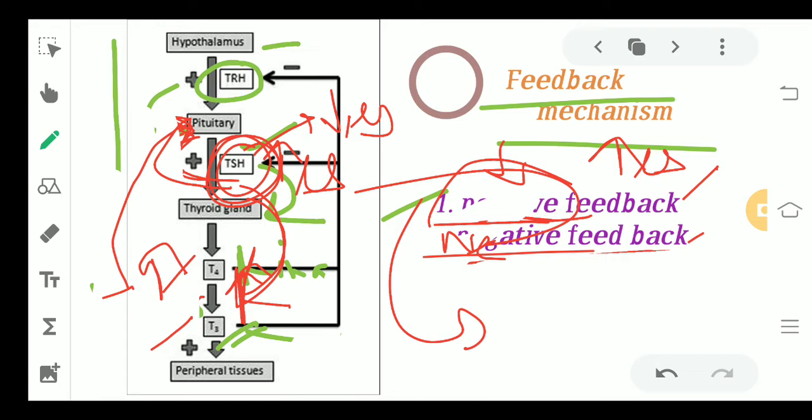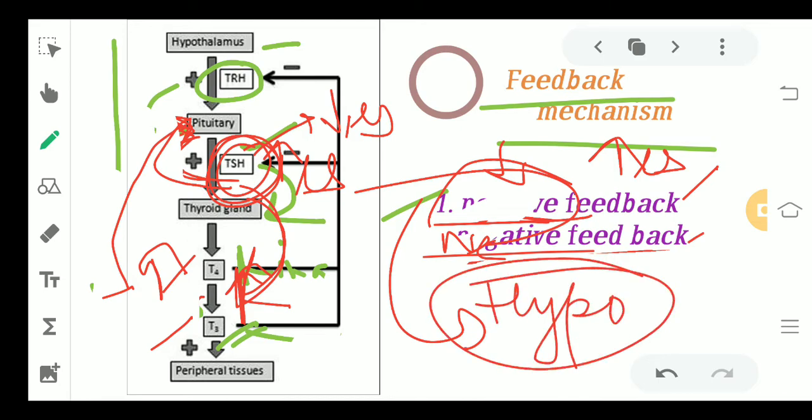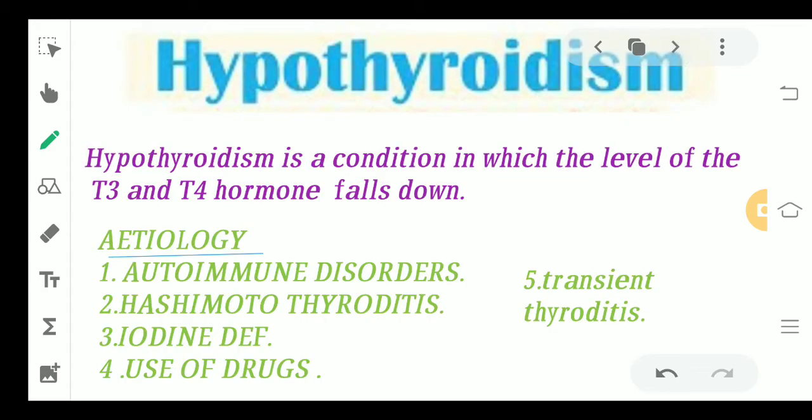So this is going to be a hypothyroidism condition. The level was decreasing, whereas in the negative condition the T3 and T4 level was increased, and so this is hyperthyroidism. These are the two thyroid conditions that can be seen. So this was about the feedback mechanism.